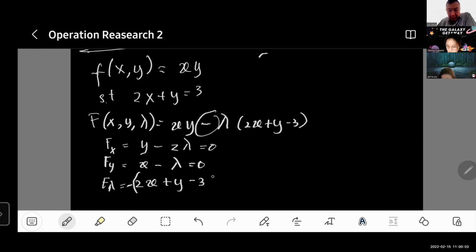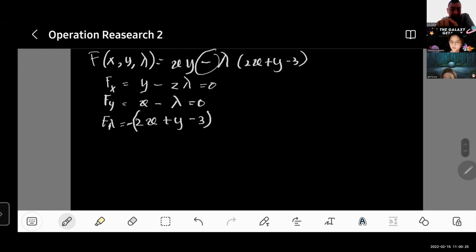Yes, minus. And then we substitute, and after that, it's just algebra.